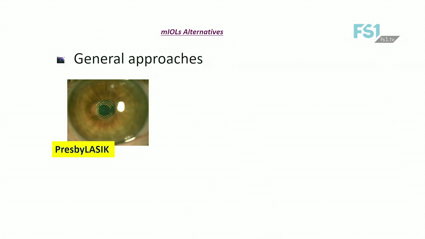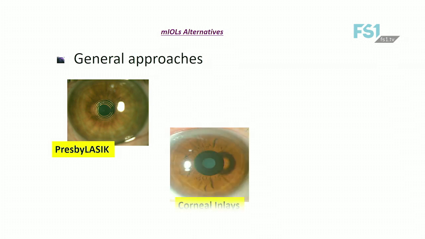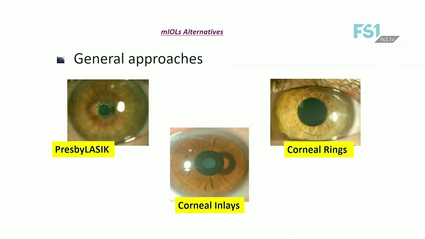I don't know if you can see it clearly on the slide, but here you can see these different zones of refraction on the surface of the cornea. And here, corneal inlays and rings. Corneal inlays and rings change the structure of the cornea and influence the refraction. And of course, future studies are still required for these procedures.